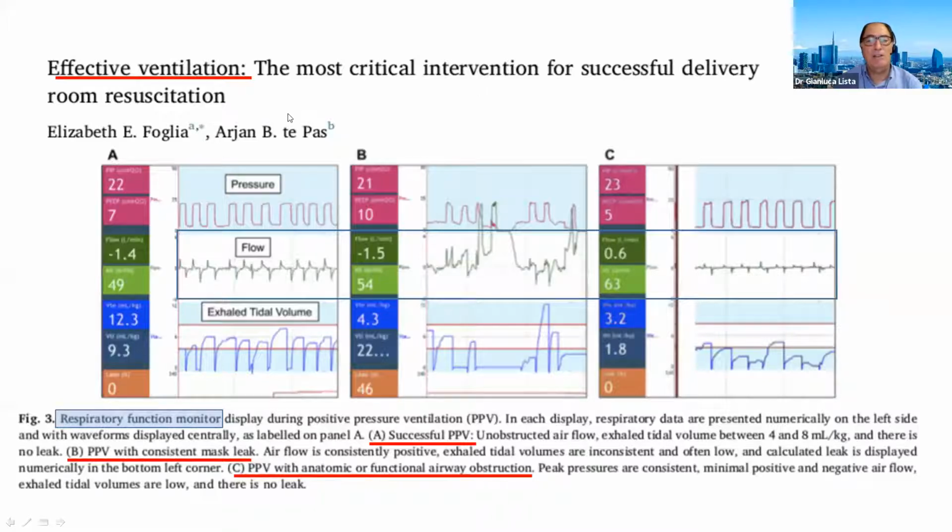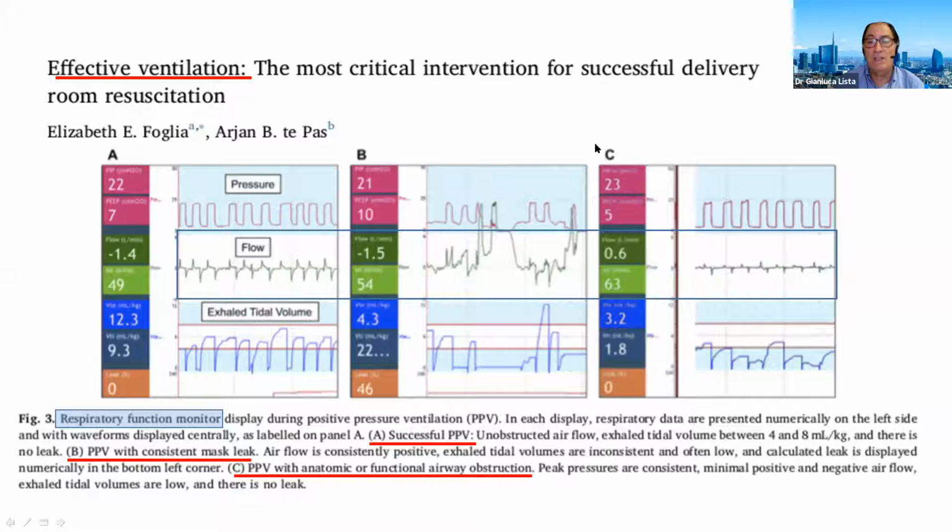So I think that the respiratory function monitor could be very useful in understanding if the ventilation is effective or not. And it's very important to observe the flow trace, because situation A is a very good situation in which the peak pressure that you use during positive pressure ventilation is able to guarantee a normal tidal volume because there is an in and out of the flow in the airway.